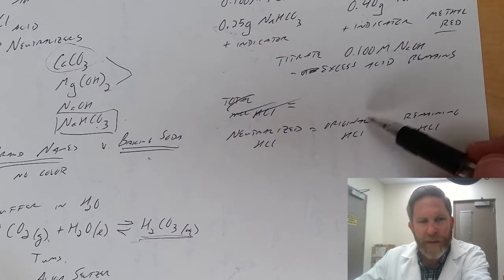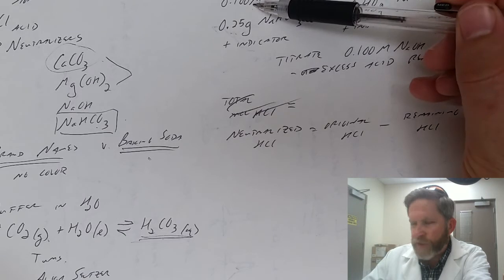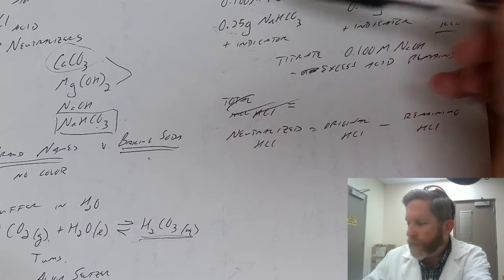Okay, so we know the original HCl in terms of moles, from our volume and our concentration from the bottle at the beginning.